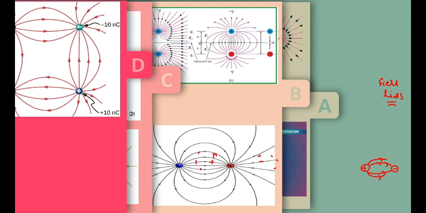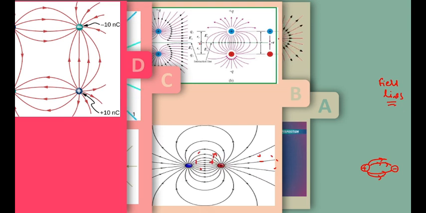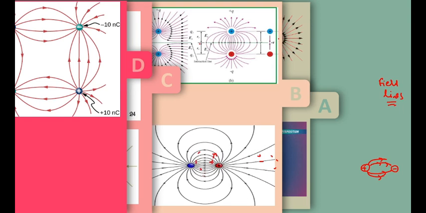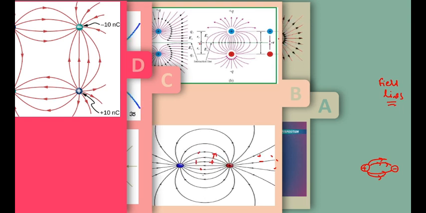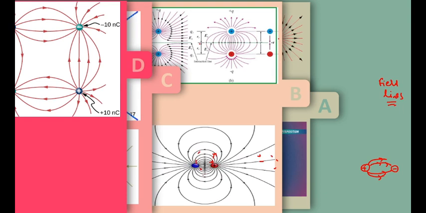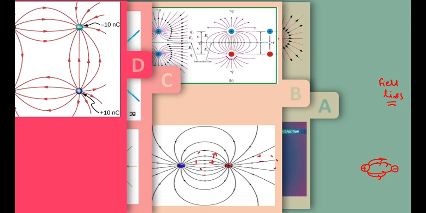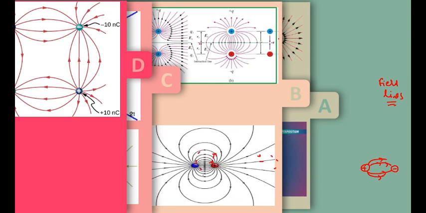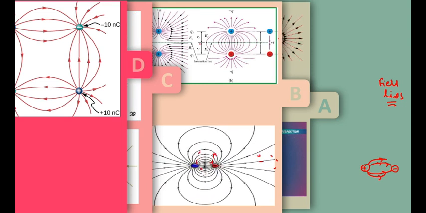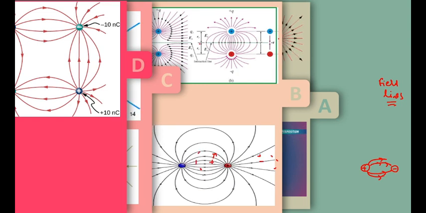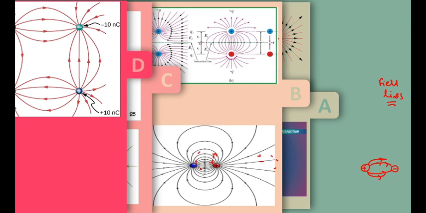When they are moving away from each other, the lines are moving away from each other, hence electric field strength is decreasing. Clear? Again I am repeating that the field line density, the number of field lines crossing unit area, is representative of electric field strength. If the charges are coming closer, the field lines are coming closer, hence the field is increasing. If they are moving away, the separation between the field lines is also increasing. It means the field strength is decreasing.